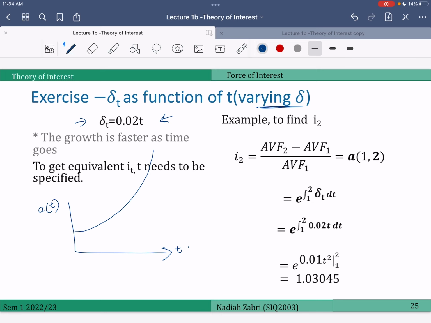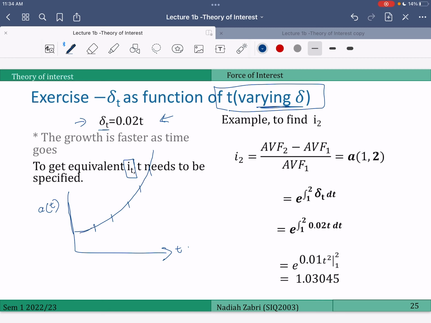Some of the potential questions with this kind of scenario: you want to find the equivalent interest rate given the varying delta. But the interest rate between every period is different.